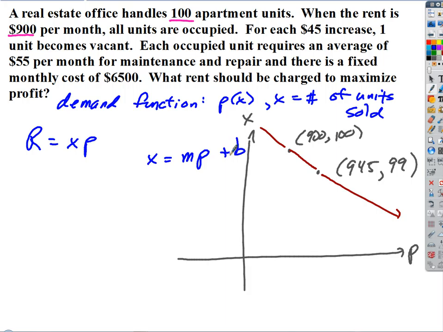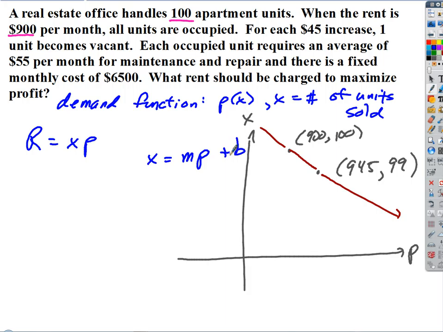What is the slope? What's the rise between those 2 points? And we always go left to right. Oh, -1. So -1 over 45. So the slope's -1/45.